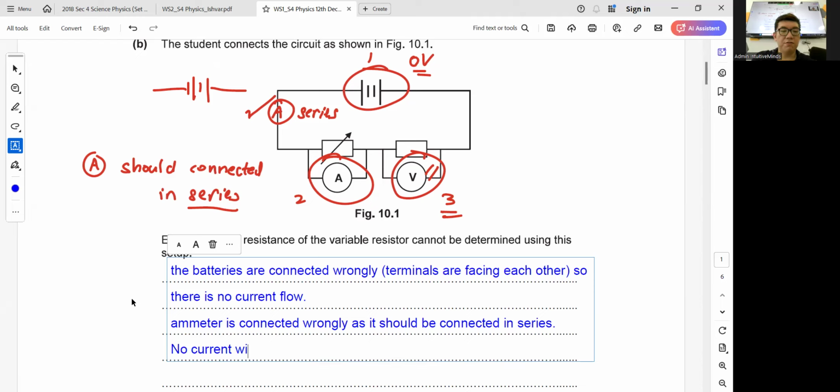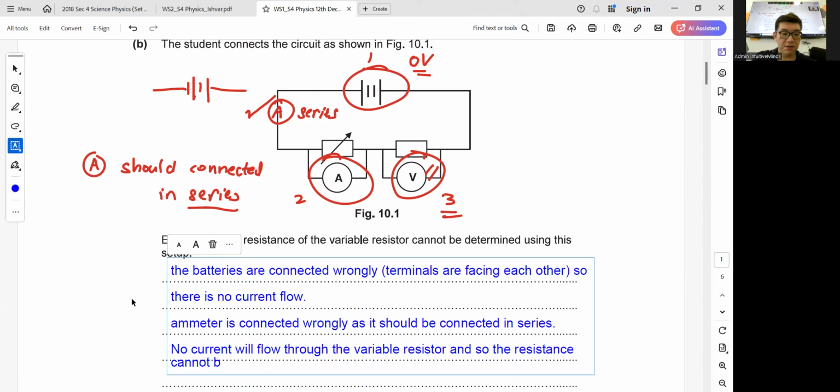No current will flow through the rheostat or variable resistor. And so the resistance cannot be determined. Okay.